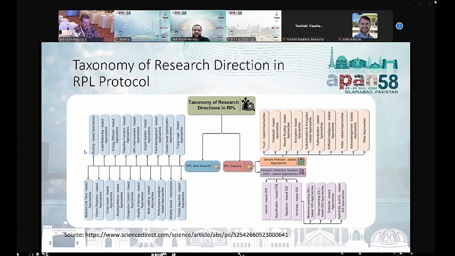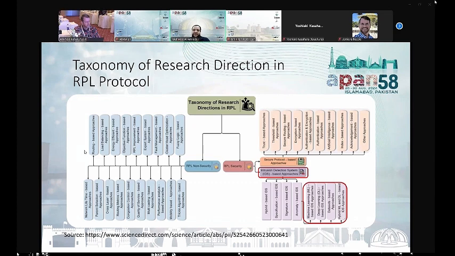I think this slide is very important for researchers who are working in this field. So in this research, we're focusing on RPL security and specifically the intrusion detection system. In addition, intrusion detection systems can be classified into subtypes: hybrid-based approach, signature-based approach, and anomaly-based approach.